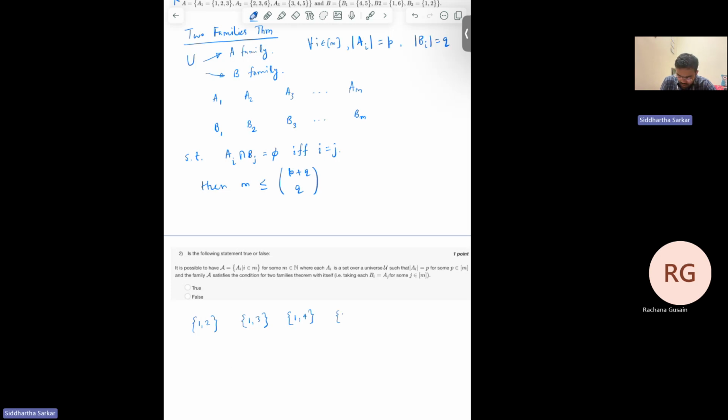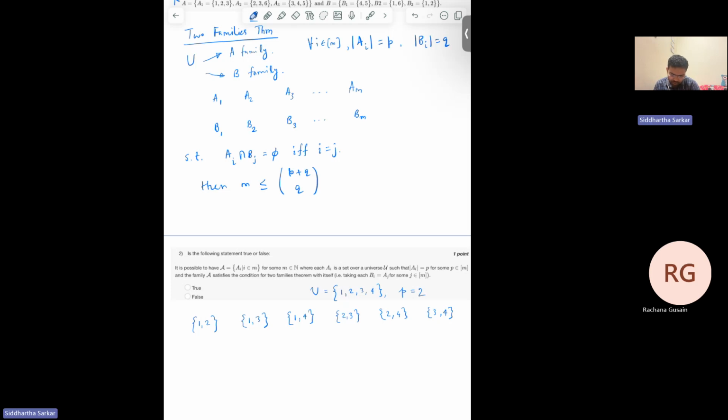A4 is 2, 3. A5 is 2, 4. And A6 is 3, 4. All right. So what is the universe? It's the union of these sets, so it's 1, 2, 3, 4. Then what is P? It is the size of each set. There are two elements in each set, so P is 2.